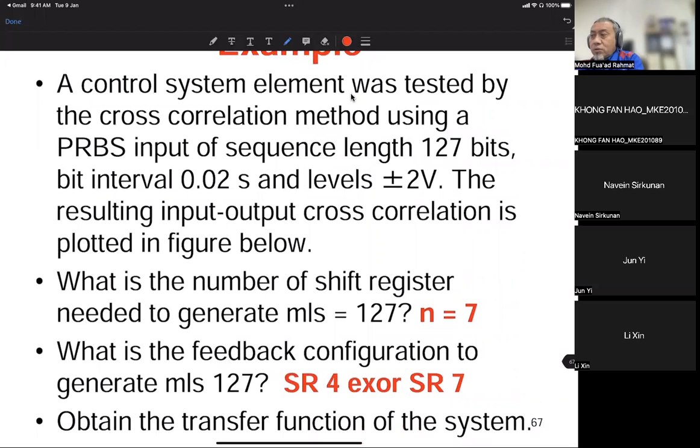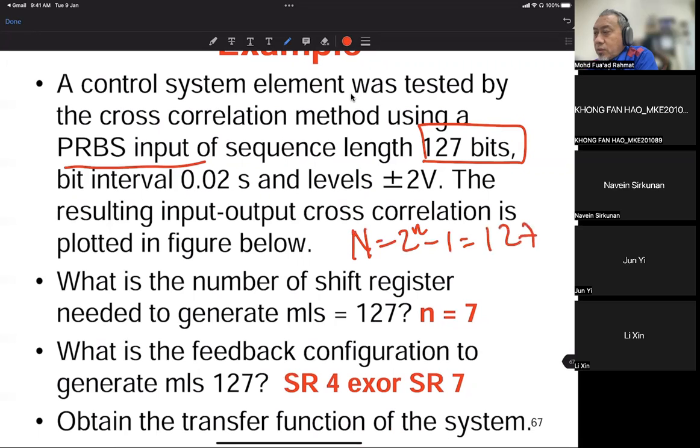A control system element was tested by the cross-correlation method using a PRBS input with a sequence of 127 bits, a maximum length sequence, 2 to the power of n minus 1, so n is equal to 7.